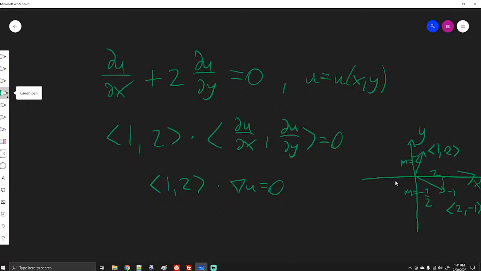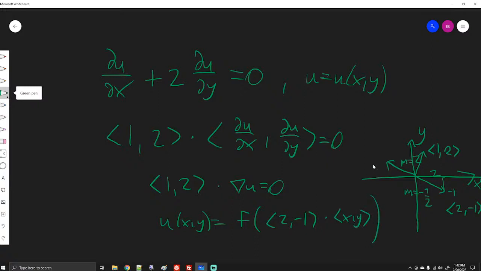Oh, and I should mention that this is not the only vector you can use. Obviously, this vector is also orthogonal to 1, 2, and you could use this one and you would have a perfectly legitimate general solution, but I'm going to work with 2 comma negative 1. So I'm going to say that u of x, y equals an arbitrary function of 2 comma negative 1 dotted into x, which is x, y.